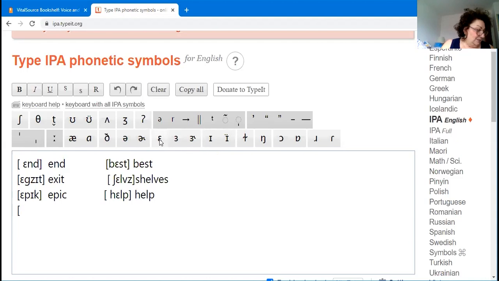And let's pick another one. Eldest. And let's see. Men.